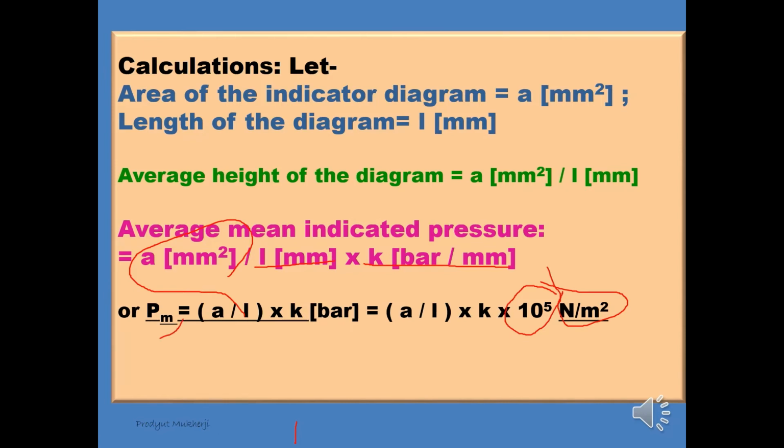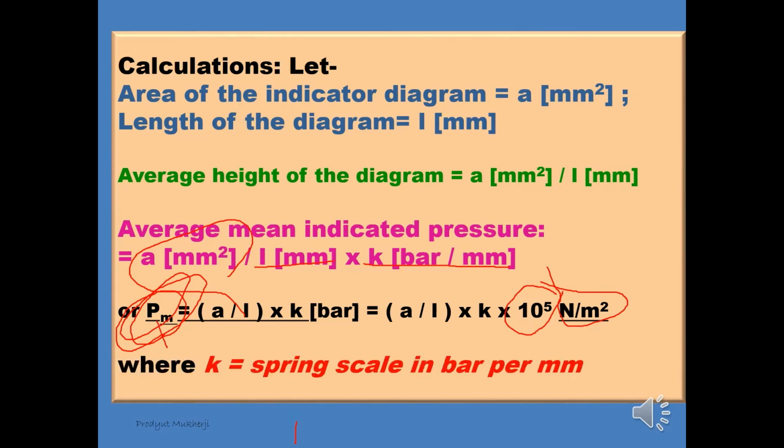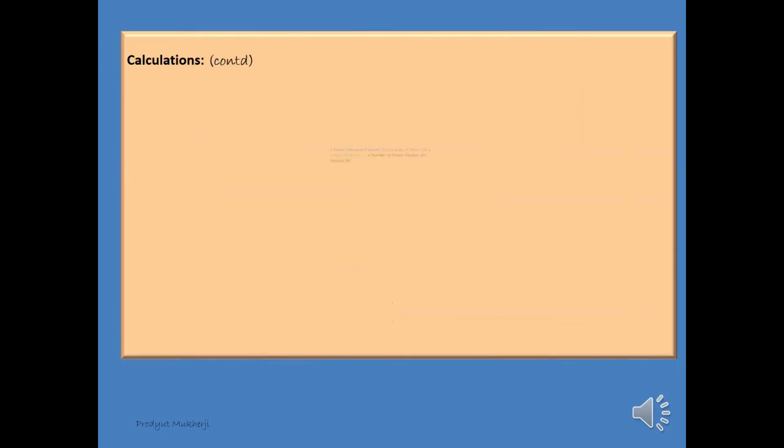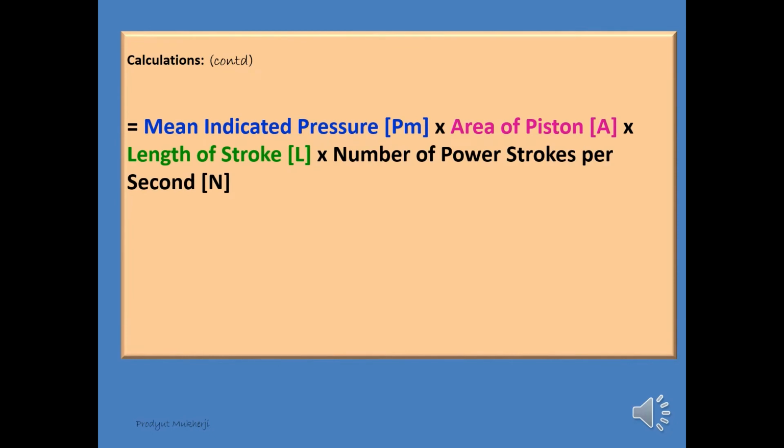Now that we have got the mean indicated pressure, or the mean pressure in the cylinder, we insert this mean indicated pressure in the formula for power, that is mean indicated pressure, which we have just calculated, into area of the piston, which we calculate from the diameter of the piston, into length of stroke, that is the distance that the piston travels from top to bottom, into number of power strokes per second.